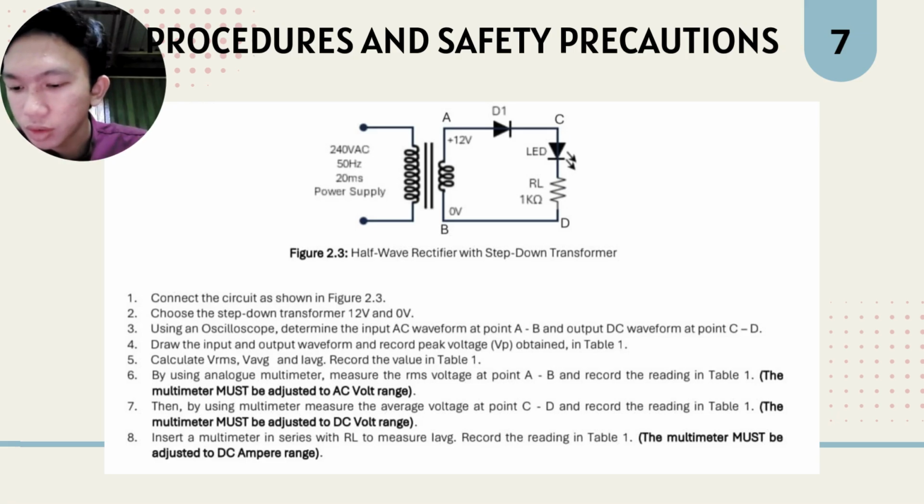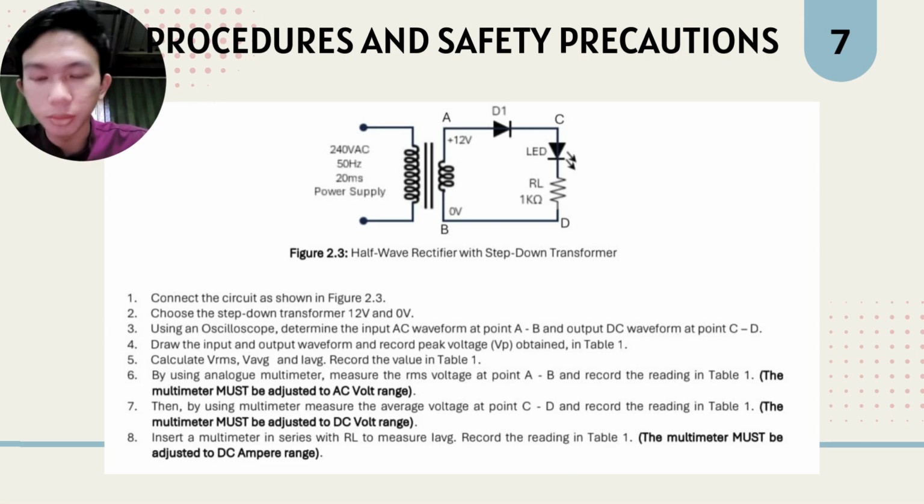The value for silicon is 0.7. So 19 minus 0.7 equals 18.3 volt.